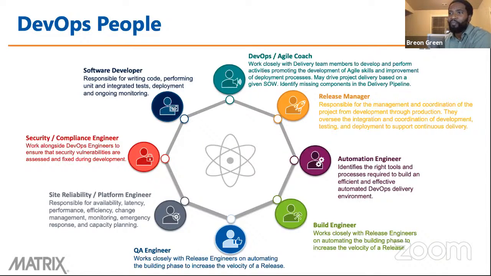But what you'll usually find is a software developer or a DevOps engineer who plays multiple roles or wears multiple hats, depending on the size of the shop. So focus more on the description of the roles instead of the roles themselves.